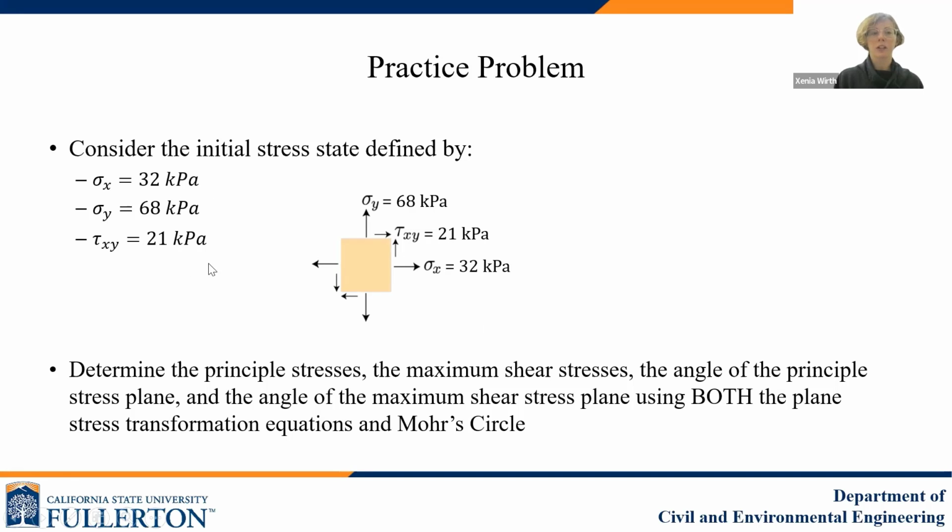I've given you 3 new stresses, new sigma x, sigma y, and tau xy values, and I encourage you to determine the principal stresses, the maximum shear stresses, the angle of the principal stress plane, and the angle of the maximum shear stress plane using both methods. Try doing this using the plane stress transformation equations, and also try doing this using Mohr's circle graphically. You will practice through AutoCAD, and you will practice applying these equations in a graphical format.